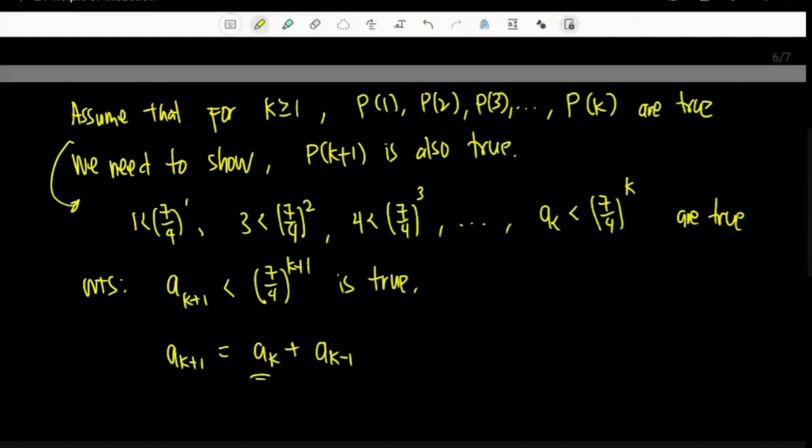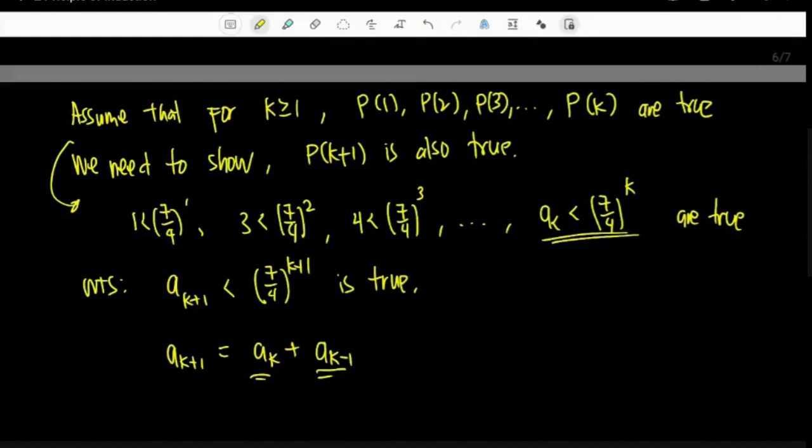But because we have a stronger hypothesis, we assume it to be true not just for k, we also assume it to be true for the rest of the terms smaller than k. So it's also true for k minus 1, k minus 2, and so on. For all values up to k, all the terms preceding k minus 1, we have an assumption for that property.